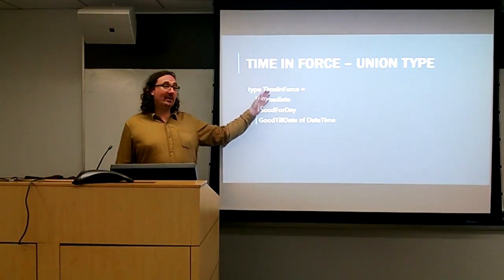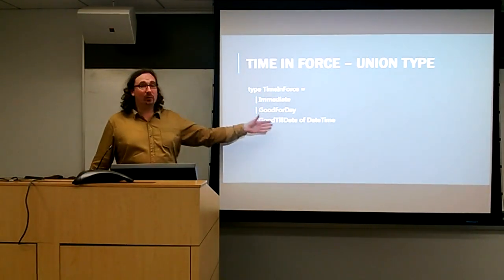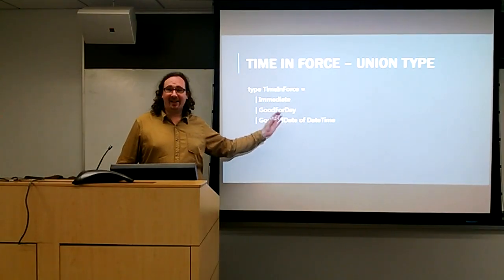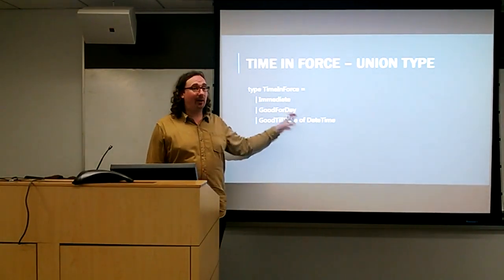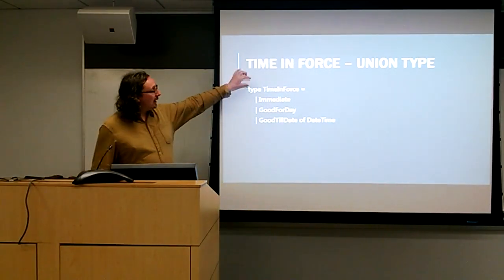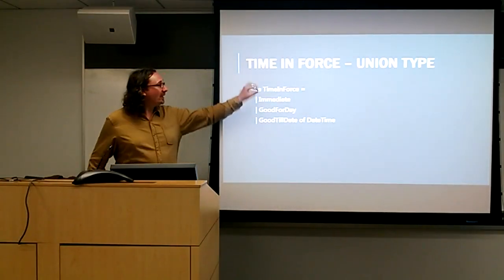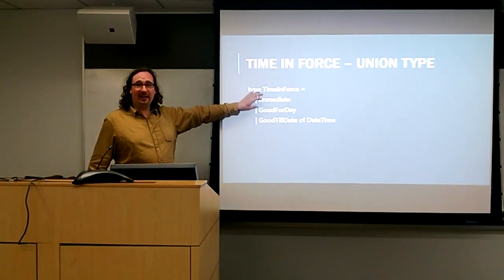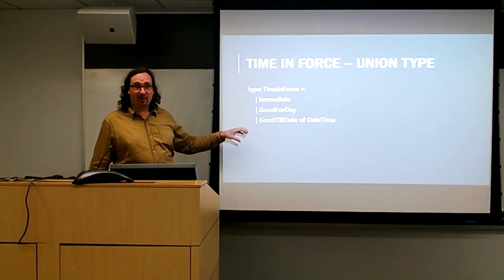Where you would typically have an enum which might be immediate, good for day and good till day. Oh, damn, I need to actually put the date in. You can have enums which can have values inside of them. This is hugely valuable. So in effect, I'm just going at it from yet another angle. This is an abstract base class, and these are sealed implementation concrete classes of those.